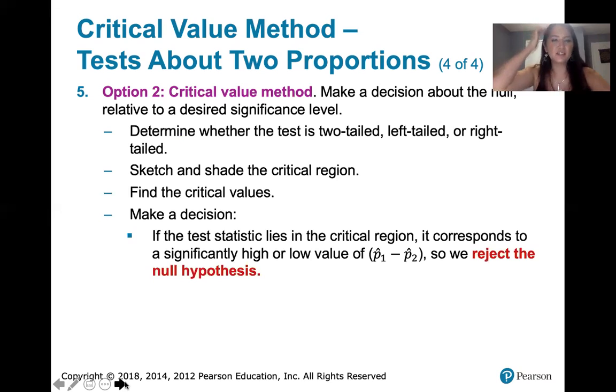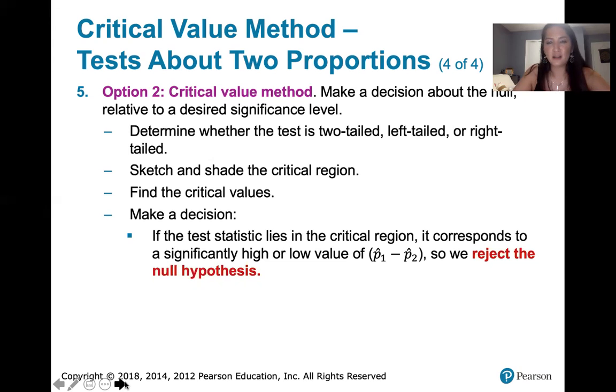And then you're going to make a decision. If the test statistic lies in the critical region, then it corresponds to a significantly high or low value of our sample statistic p1 hat minus p2 hat. So if the test statistic corresponding to p1 hat minus p2 hat lies in the critical region, we're going to say that p1 hat minus p2 hat is significantly high or low.